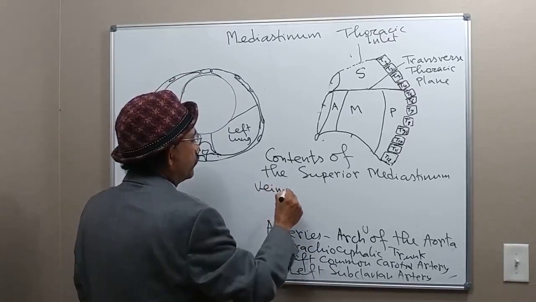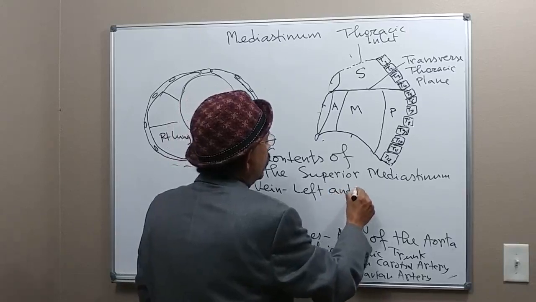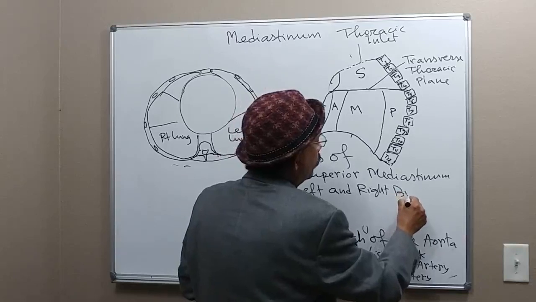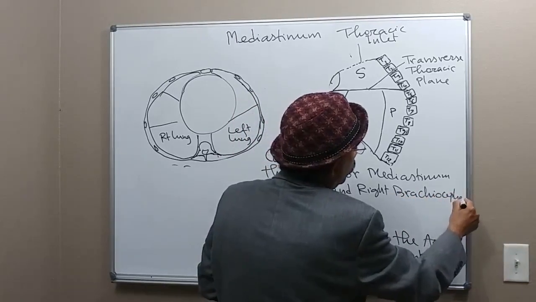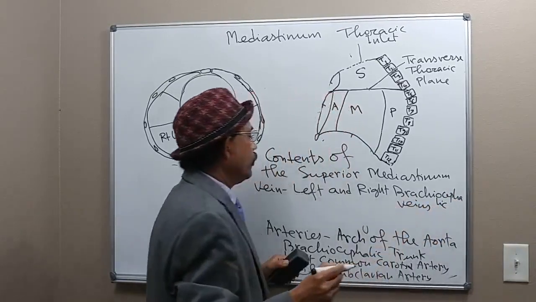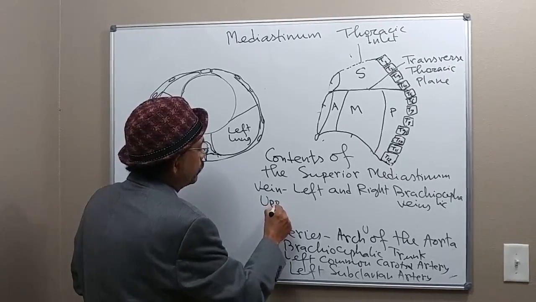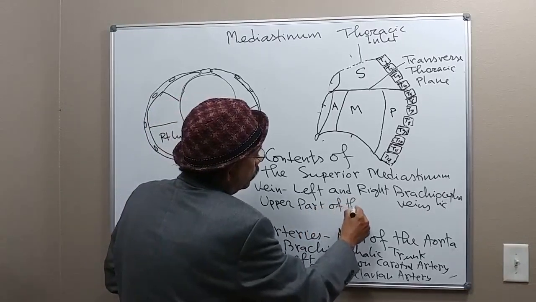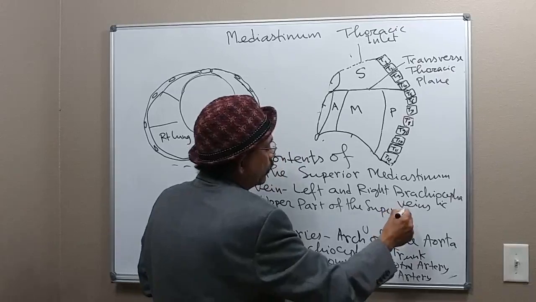What are the veins present in the superior mediastinum? We have the left and right brachiocephalic veins. We have the upper part of the superior vena cava.